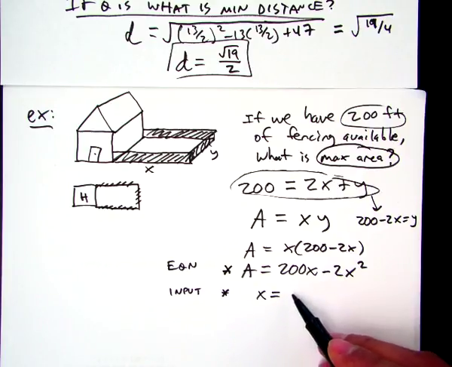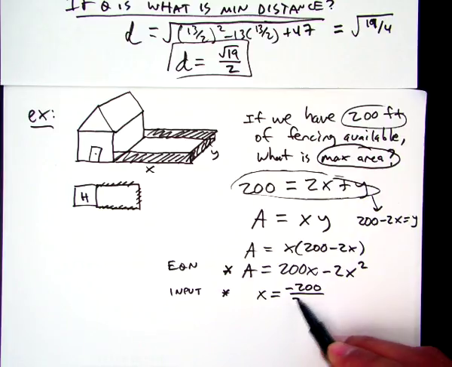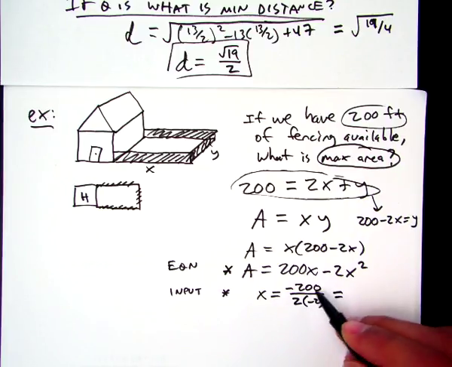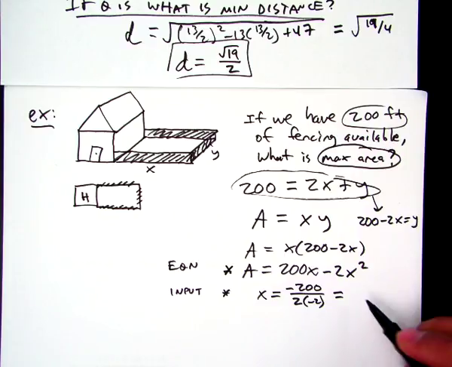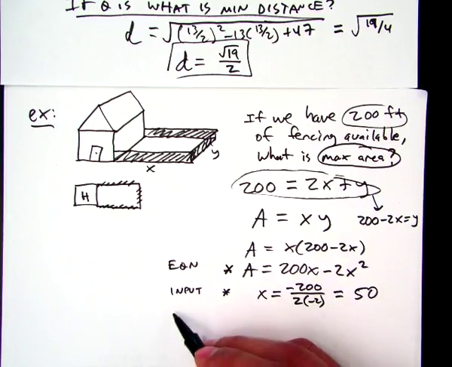What's the opposite of b here? Negative 200. Negative 200 over 2 times negative 2, which is our a value. 200 divided by 4, what's that going to be? 50. Okay. And now the third part was answer the question, right?